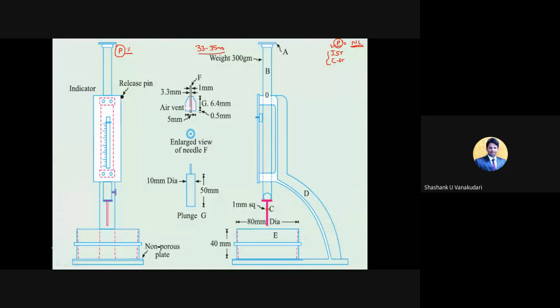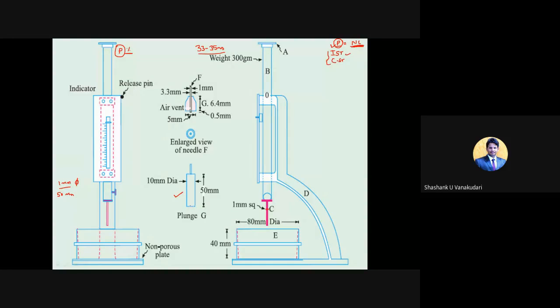Now you have to note down: for normal consistency, we have to use this plunger. Clear? And for the initial setting time test, we have to use the needle, which is already attached. That needle has a diameter of 1 mm and length of 50 mm. Length will remain the same, only the diameter differs.